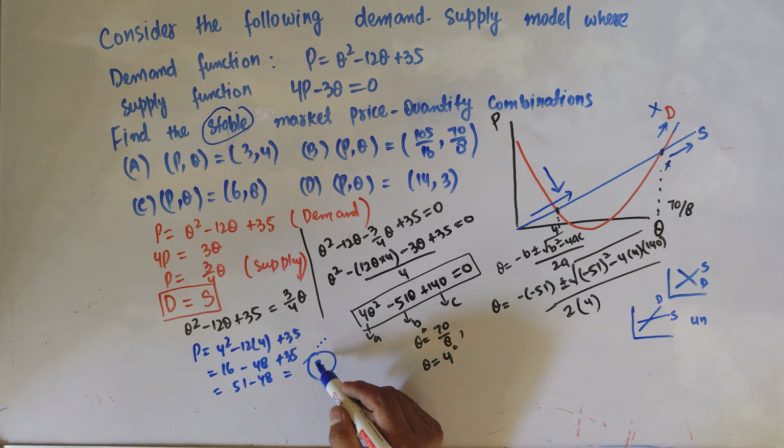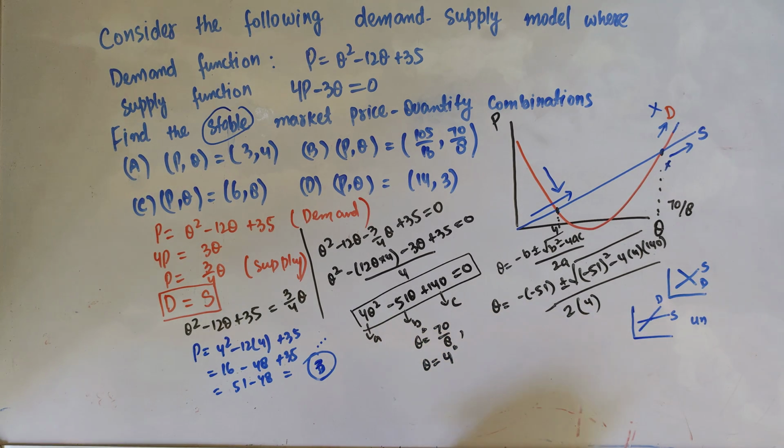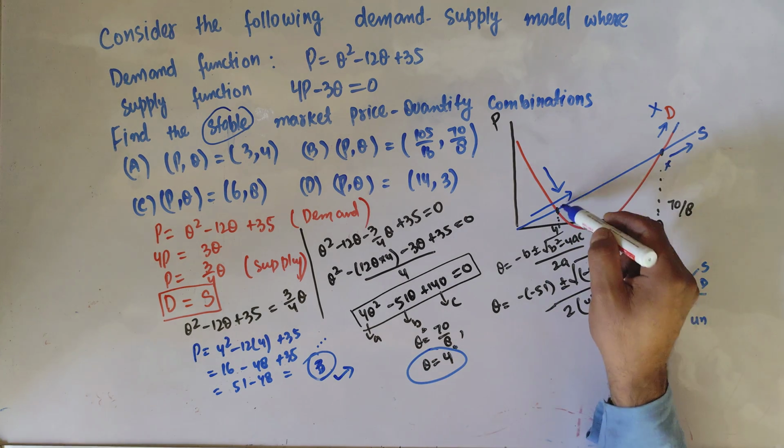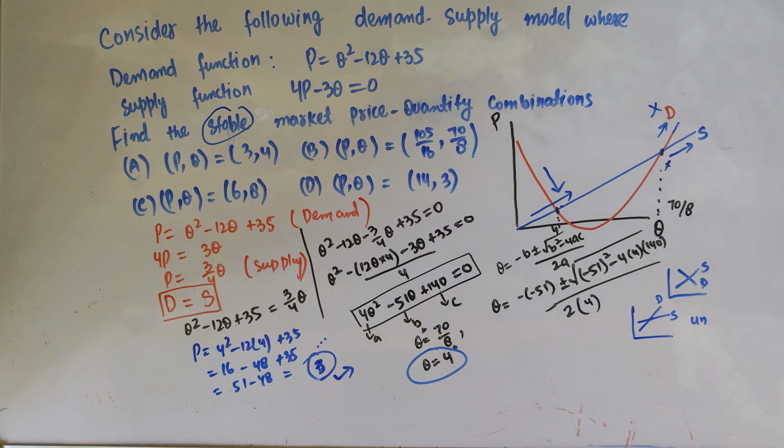So the stable market price-quantity combination should be price equal to 3 and quantity demanded equal to 4, because this point gives us the stable market equilibrium.